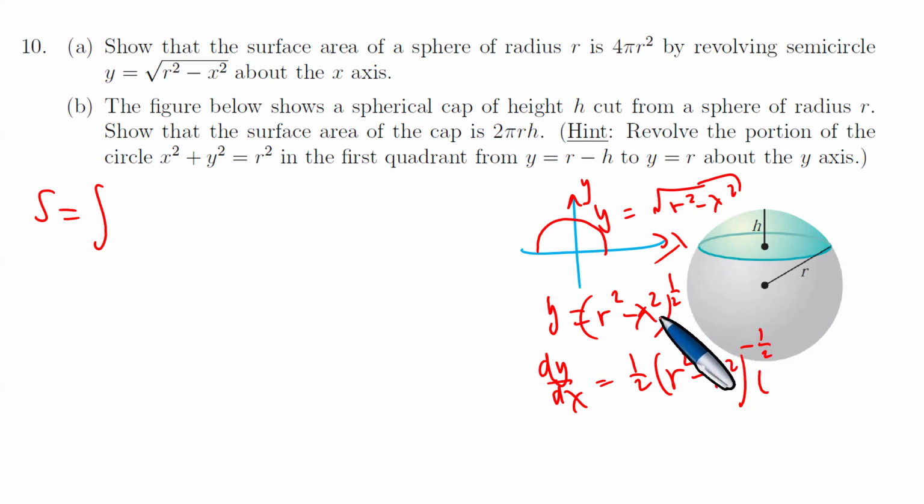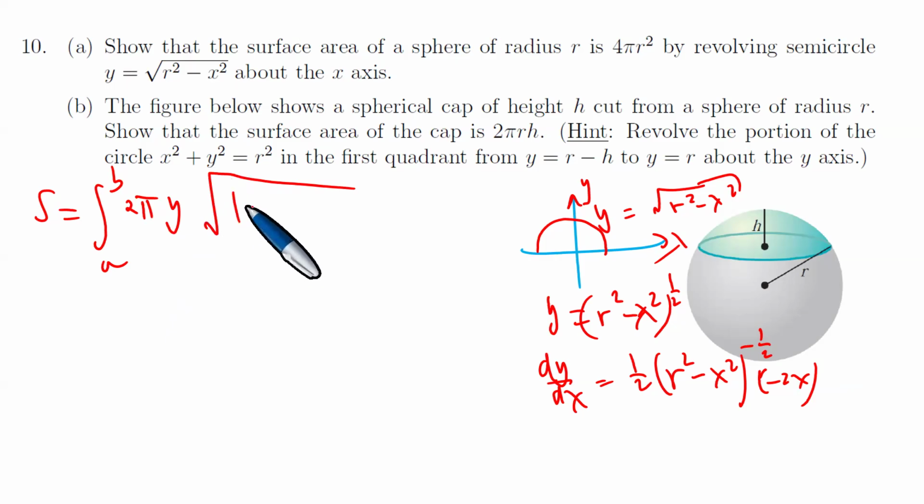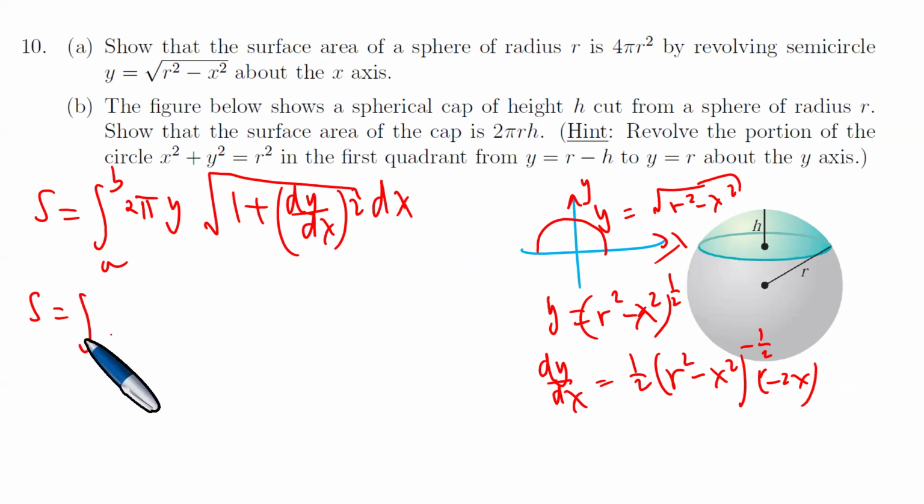The derivative of the inside by the chain rule, the r squared has 0 derivative, the minus x squared has minus 2x derivative. Right, meaning you're going to have the integral from a to b of 2 pi y, the square root of 1 plus dy dx squared, dx, like so. At this point you perform your integration. For the x, the circle will run therefore from minus r to r.